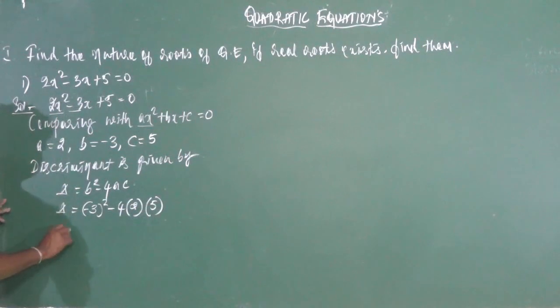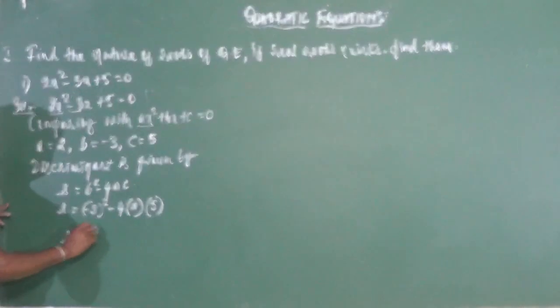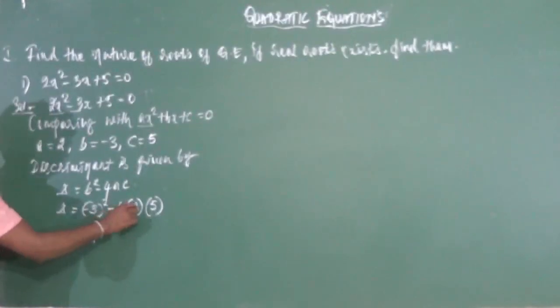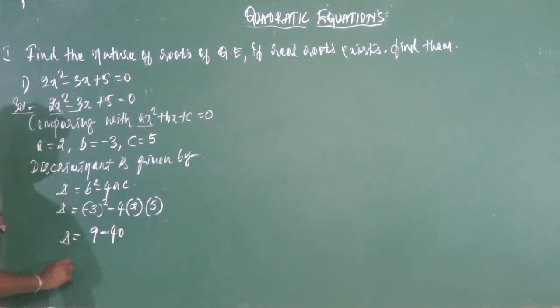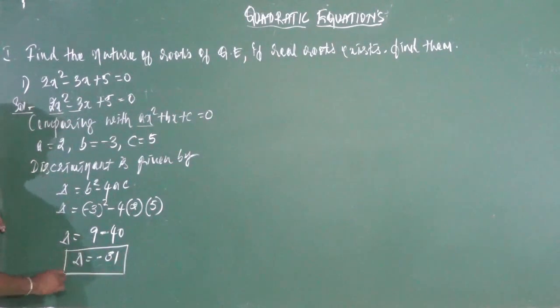Right. So discriminant is equal to minus 3 whole square is 9, minus 4 2s are 8, 8 5s are 40. So discriminant is equal to 9 minus 40 is minus 31. Right? So the discriminant value we have got is minus 31.